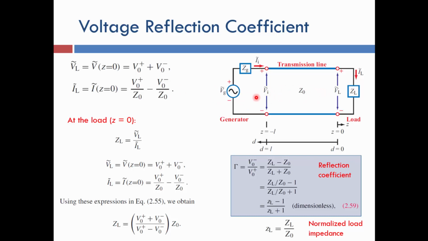So the voltage and the current will oscillate along the transmission line depending on the position. Same for the impedance, the ratio between them.